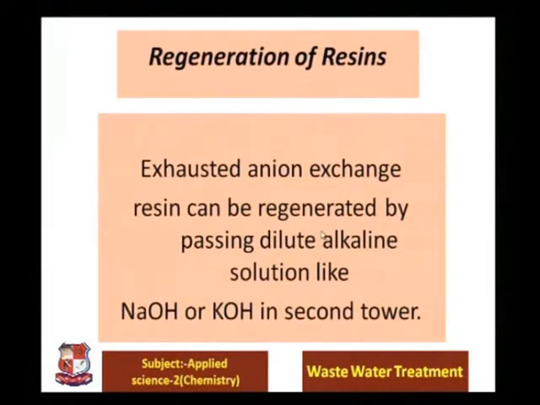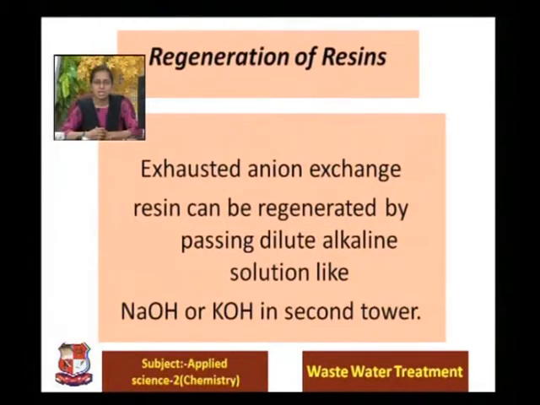Look here, the exhausted anion exchange resin can be regenerated by passing a dilute alkaline solution like NaOH or KOH in the second tower. It means you are regenerating your anion exchanger resin with the help of sodium hydroxide or potassium hydroxide added into the second tower.